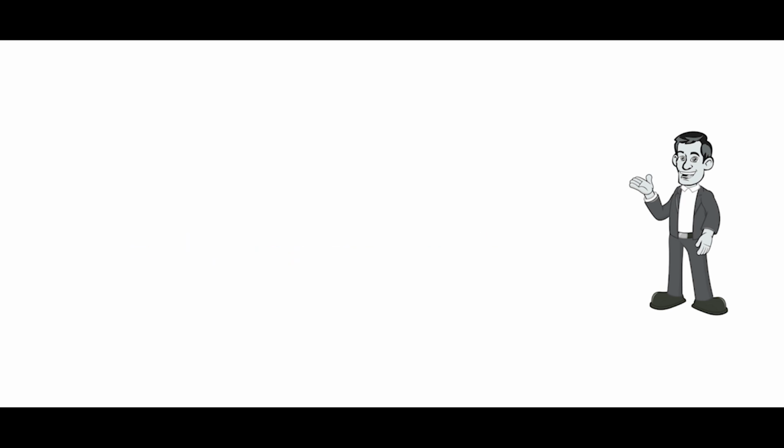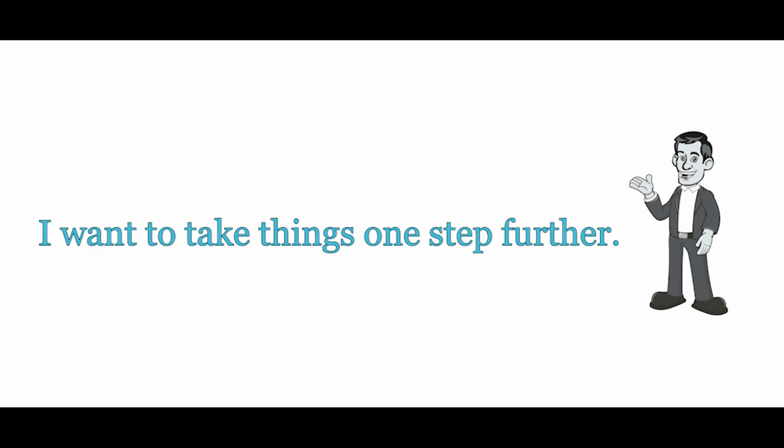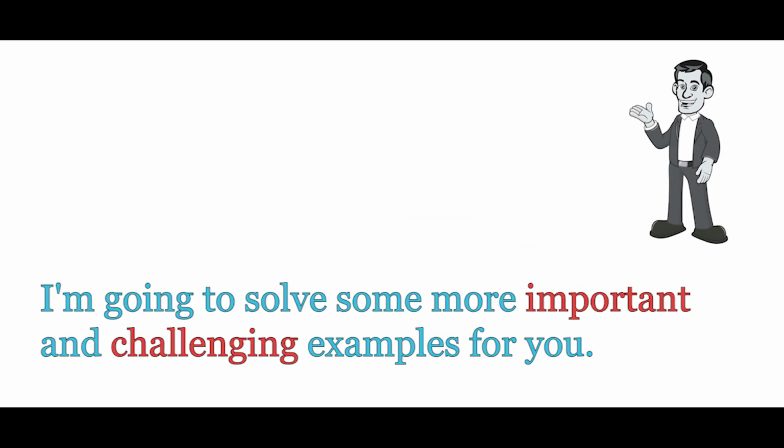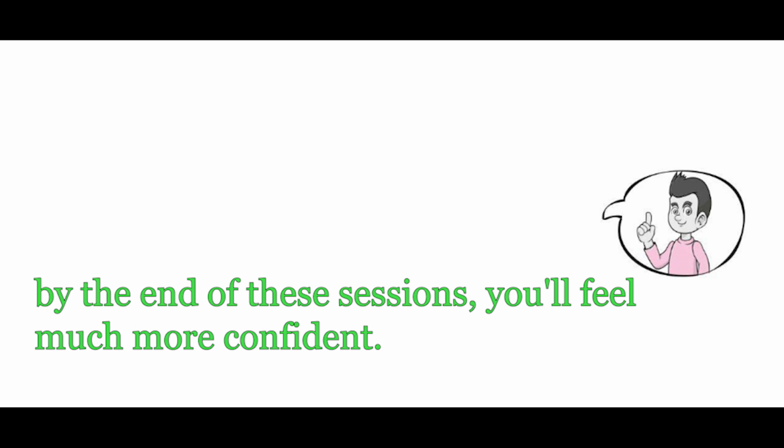So in today's video, I wanna take things one step further. I'm going to solve some more important and challenging examples for you. These examples will really help you understand the deep stuff and get you ready for any kind of problem you might face. Trust me, by the end of this session, you'll feel much more confident.